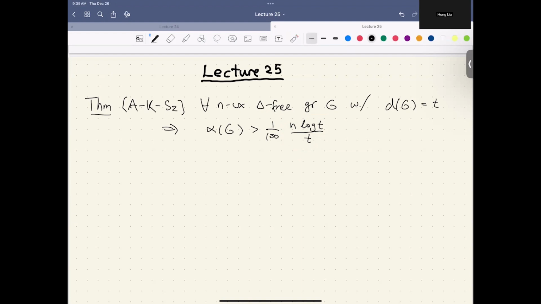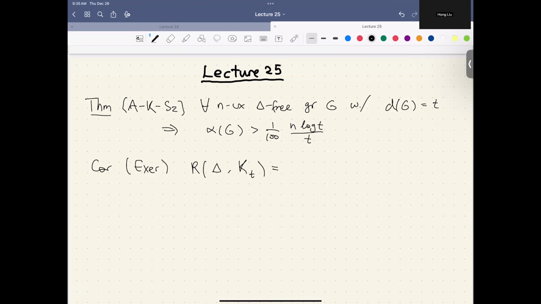A corollary of this, which I will leave as an exercise if I didn't mention it last time, is that this implies that the Ramsey number for triangle versus K_t is at most some constant times t squared over log t.